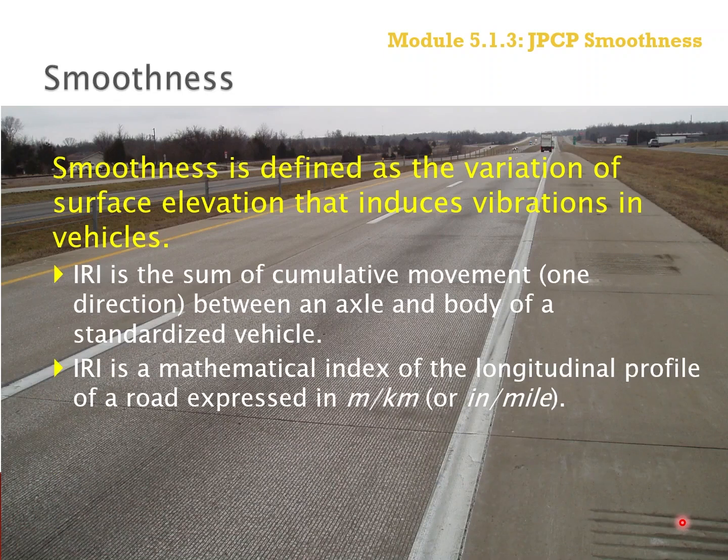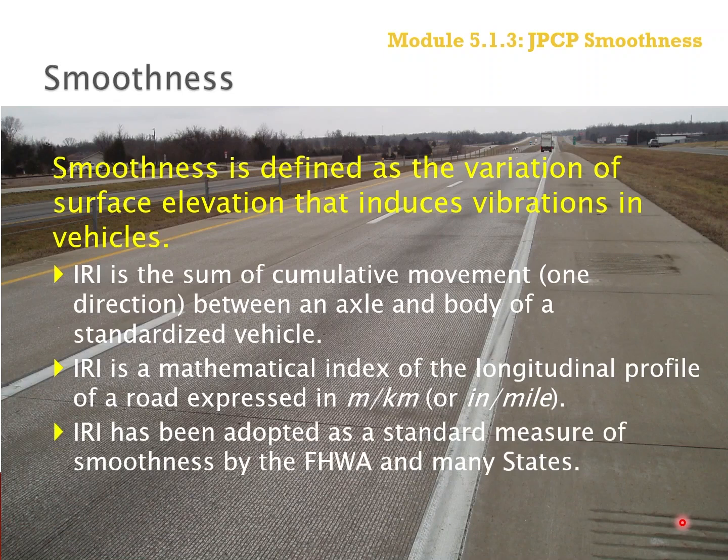IRI is a mathematical index of the longitudinal profile of the road expressed in meters per kilometer or inches per mile. IRI has been adopted as a standard measure of smoothness by the Federal Highway Administration and many individual state highway agencies.